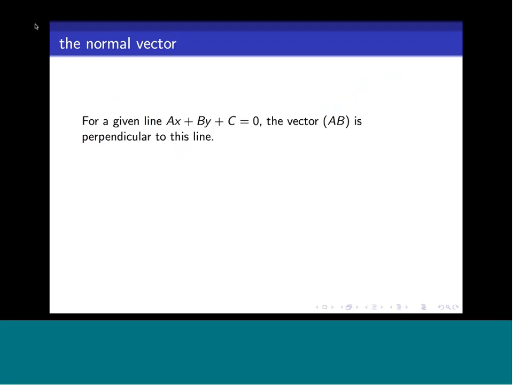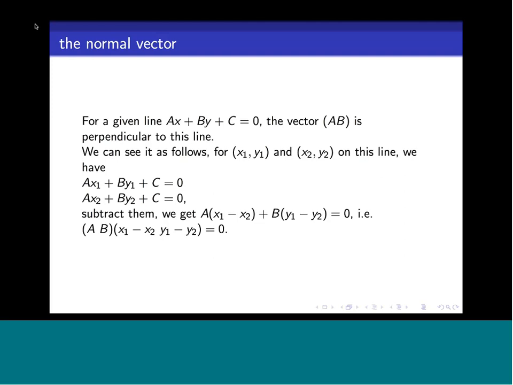Actually, the next several slides were just trying to explain that formula. For the given line, AB is a normal vector direction.